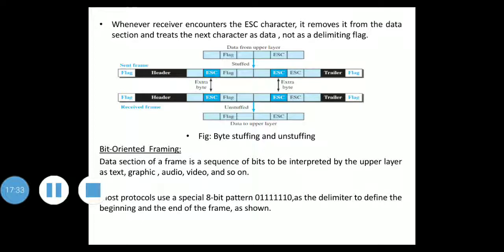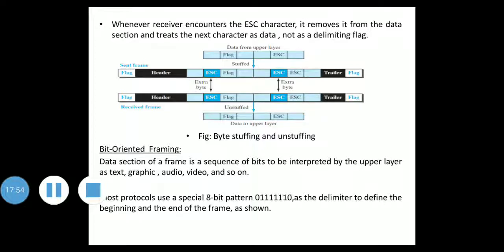One important thing to note is that the extra bit is added after a 0 followed by 5 ones, regardless of the value of the next bit. This guarantees that the flag sequence does not accidentally appear in the frame.